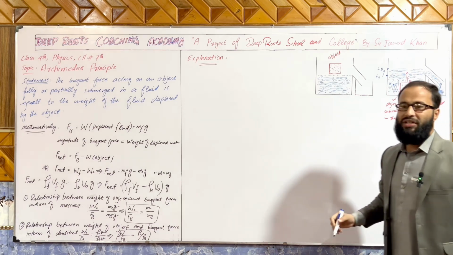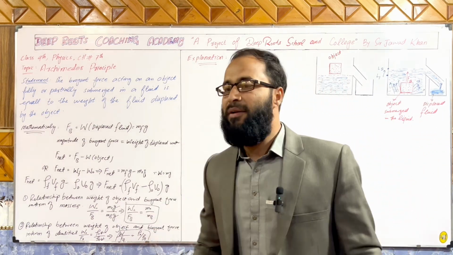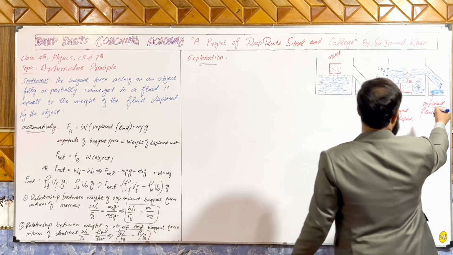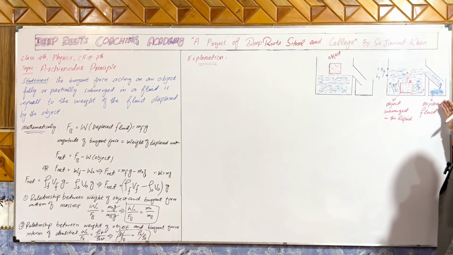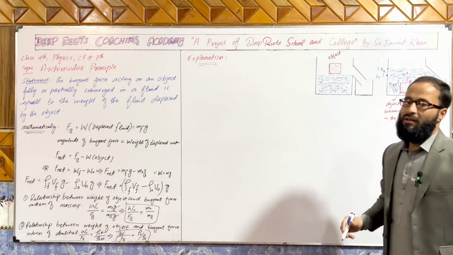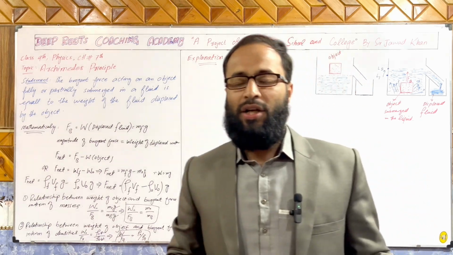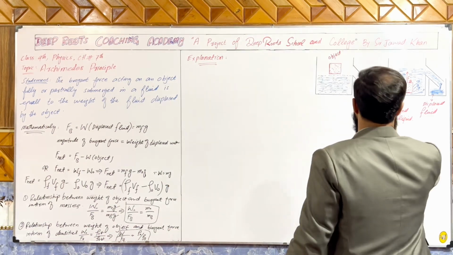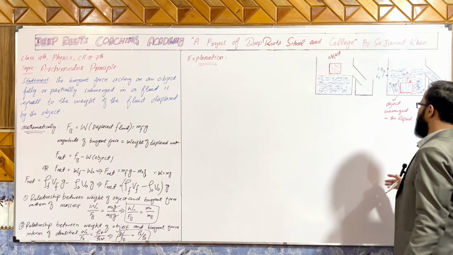When the water level increases, the water will fall down into the next container here. So here we will collect the water which is falling due to the sinking of this object.